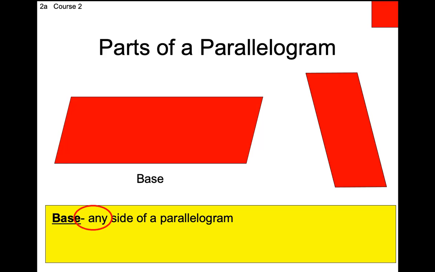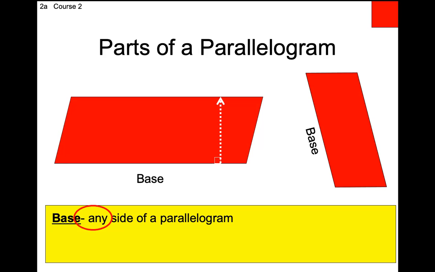It doesn't have to be the bottom. I could use that as my base, but the height is going to be the perpendicular distance. Can you see it, little square? The perpendicular distance between the base and the opposite side. Not the same definition as for a triangle. Triangle is base to opposite vertex. For a parallelogram, it's base to opposite side.